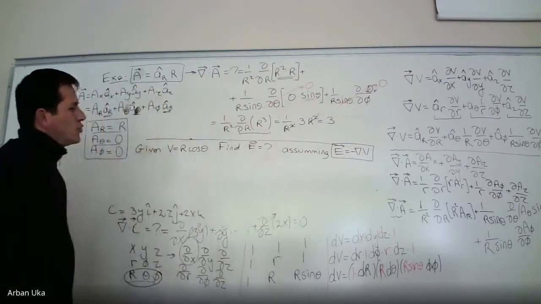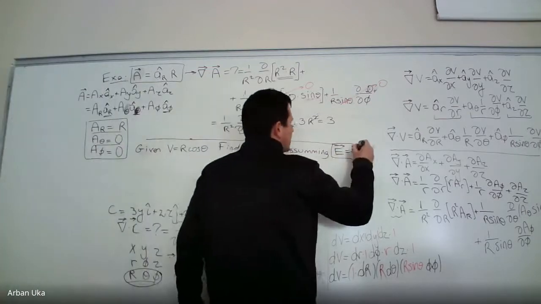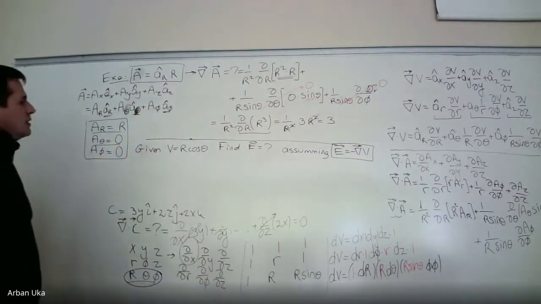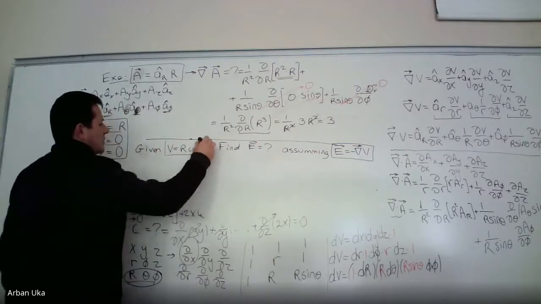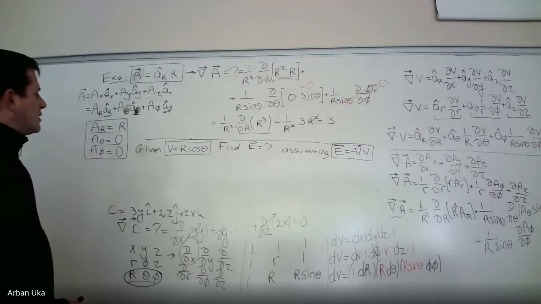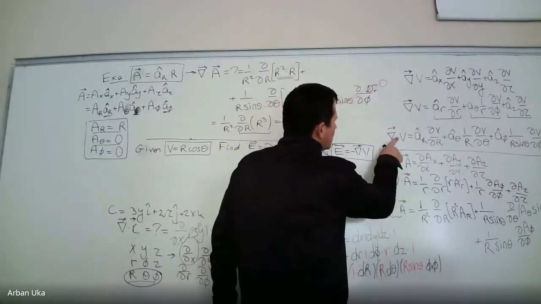So, assuming that the electric field is equal to the negative gradient of the potential, we have to find the E. So, we are given a scalar quantity, which is in spherical coordinate systems. So, then we have to write down, I'm sorry, this is wrong, this is just gradient.